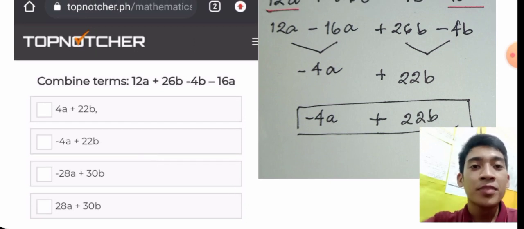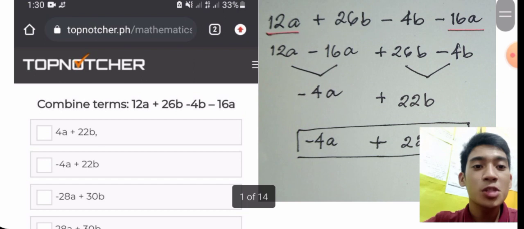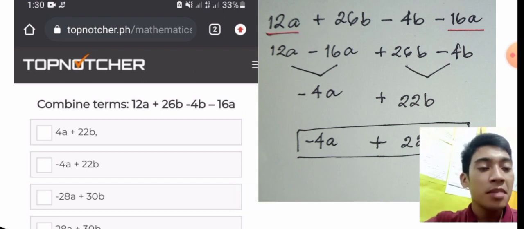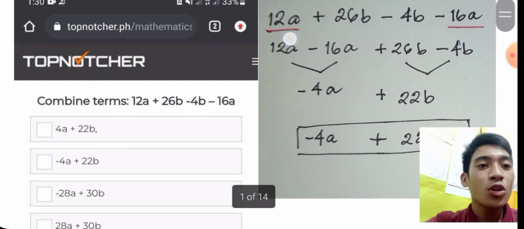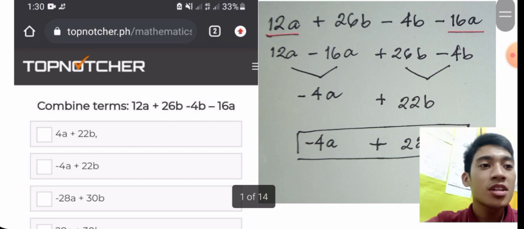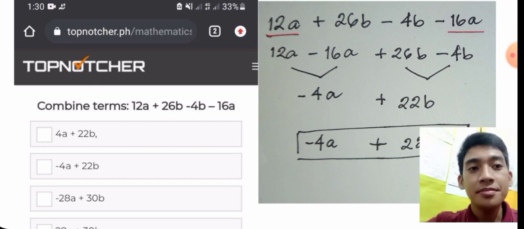First is to combine terms: 12a plus 26b minus 4b minus 16a. Simply, from our solution, just combine all like terms. 12a and negative 16a, subtract, it will become negative 4a.